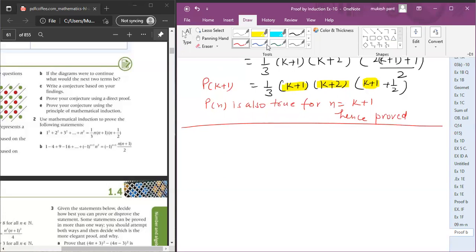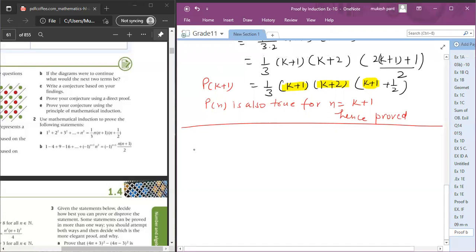For example, this is the statement. I would be able to know what will be my final answer in the beginning. You will be surprised. Without solving, sir is saying I would be able to know what should be the final answer. But this is the beauty of this induction method.